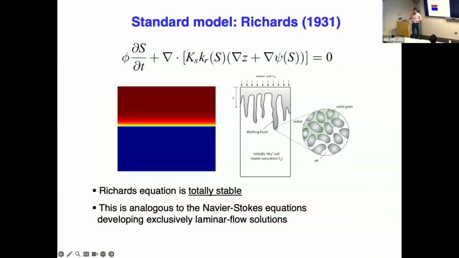And there's a model for infiltration in soil. It's called Richards equation. That doesn't have this instability in it. No? So the analog that I like to use is imagine that we describe fluid mechanics with the Navier-Stokes equations, but the Navier-Stokes equations were incapable of reproducing turbulence.